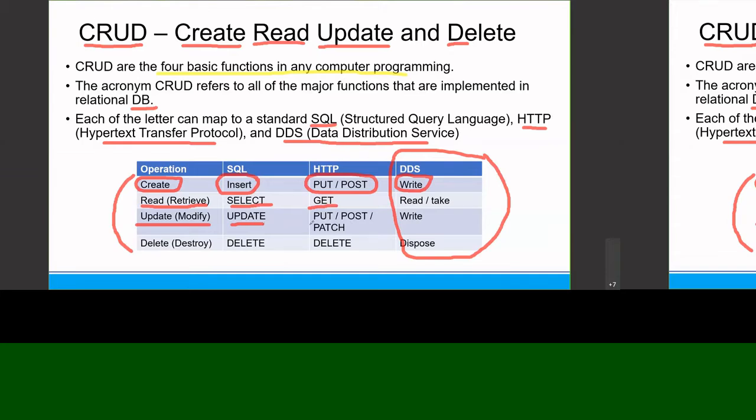In the HTTP, we will use put or push or fetch. For the delete, we use the same command, which is delete. Okay, so the DDS is another service, is another kind of system. So I will not discuss in detail.